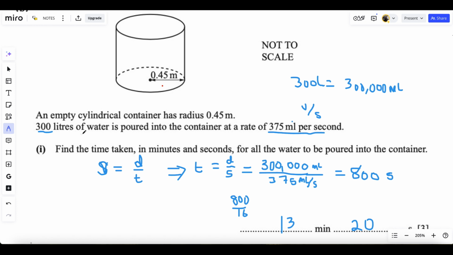Now, 300 liters of water is poured into the container at a rate of 375 milliliter. Now, you take note. Here is liter. This is milliliter.